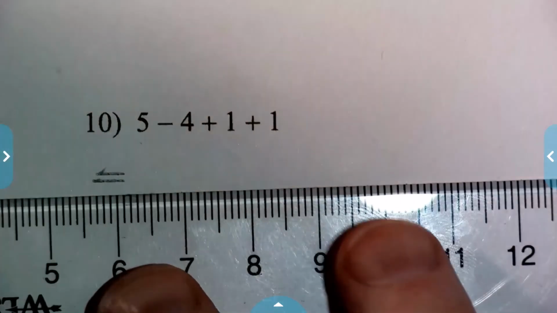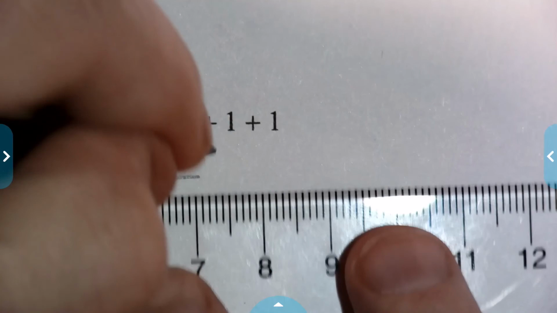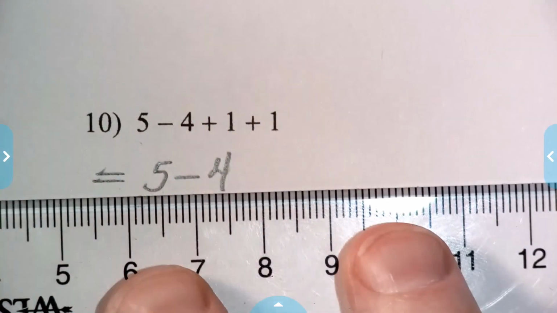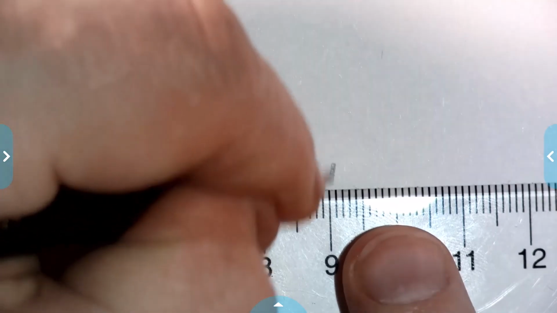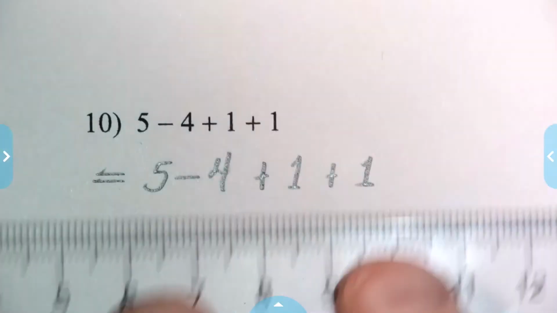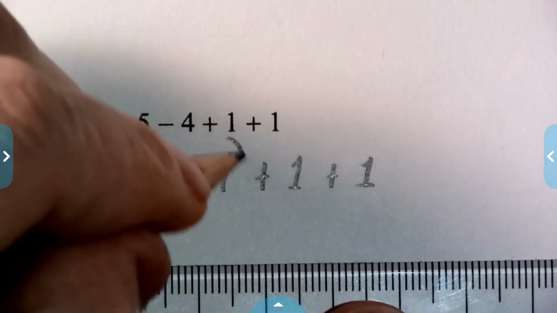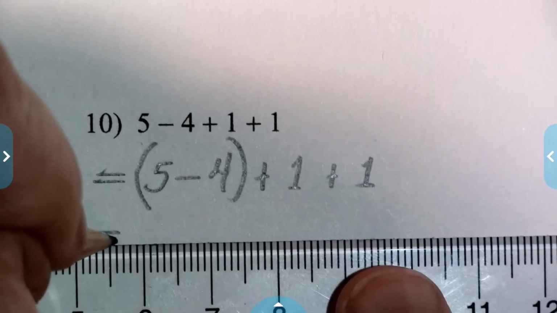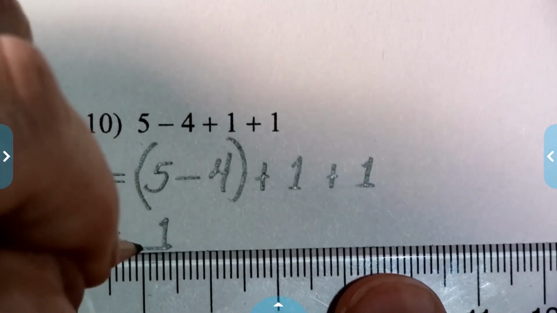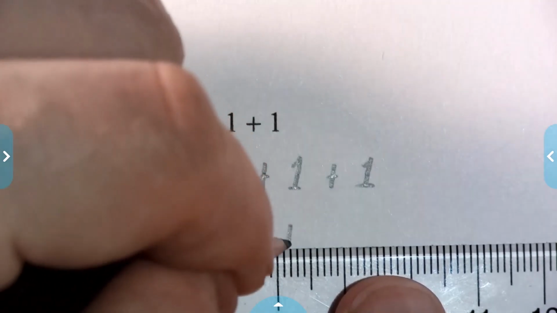So, of course, I'm probably infuriating everybody because I like to rewrite the problem. I just like to write it again because it's mine. And I can say I'm going to do this first. Okay. Well, 5 minus 4 is 1. Plus 1. Plus 1.